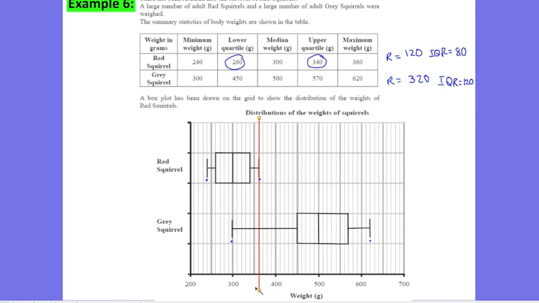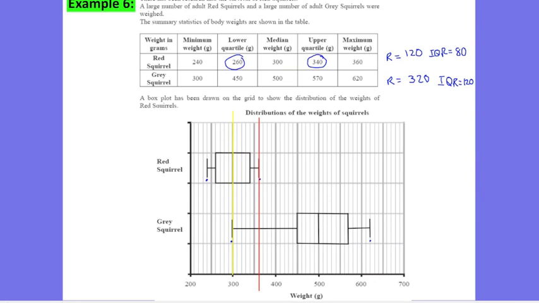So it would suggest if we weighed the squirrel and it was more than 360 grams, it's likely to be a grey squirrel. And if it is less than 300, we can see here, we don't have any squirrels in the sample that are less than 300, therefore they're likely to be a red squirrel.